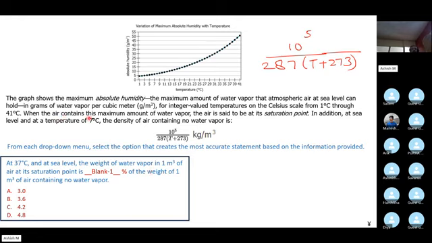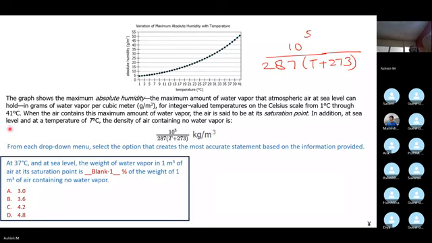When the air contains this maximum amount of water vapor, for example at 17 degrees, the air is said to be at its saturation point.